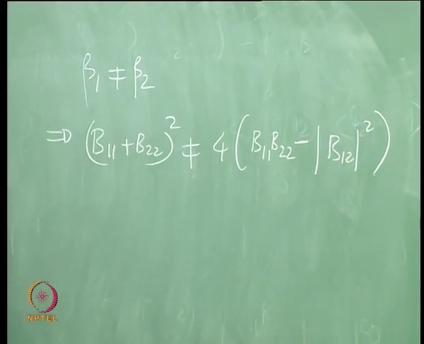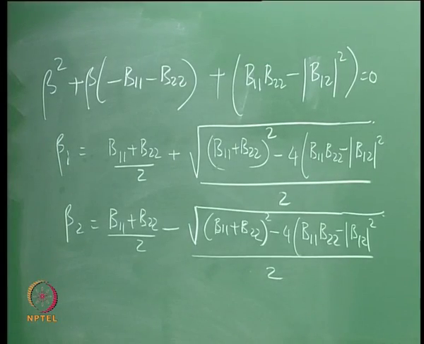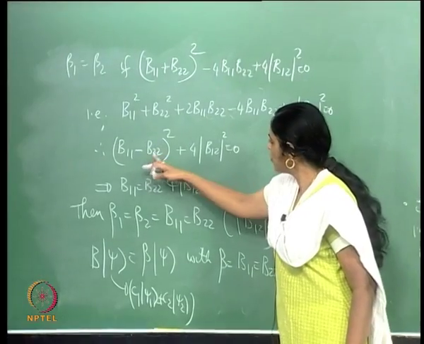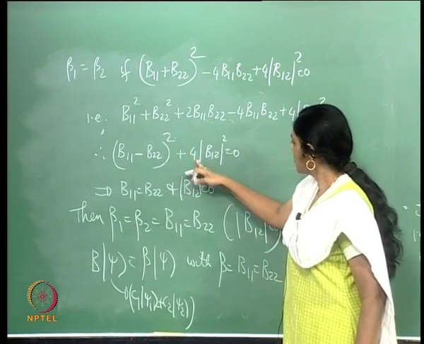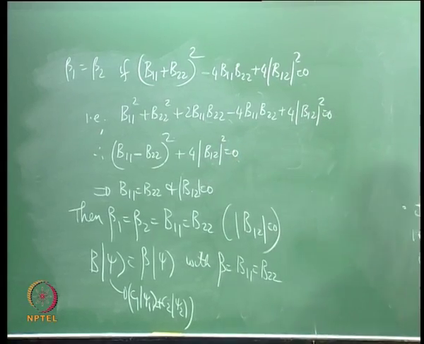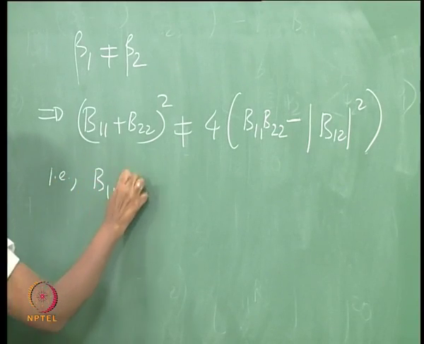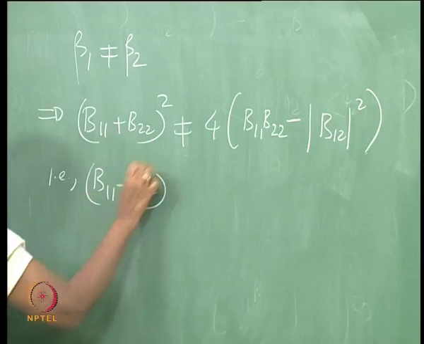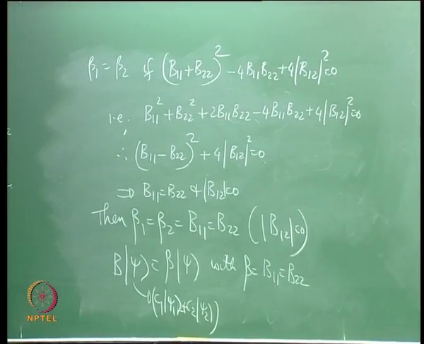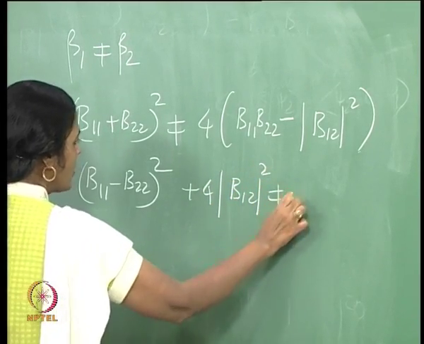So, we are looking at a situation like this. As you can see, if this were equal, it simplified to B11 minus B22 the whole squared plus 4 modulus of B12 the whole squared equal to 0. So, we are essentially saying B11 minus B22 the whole squared plus 4 modulus of B12 the whole squared is not equal to 0.